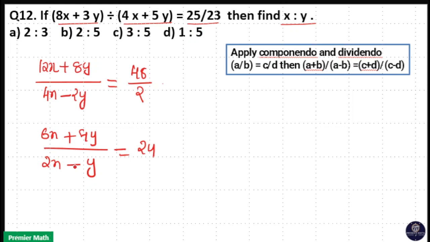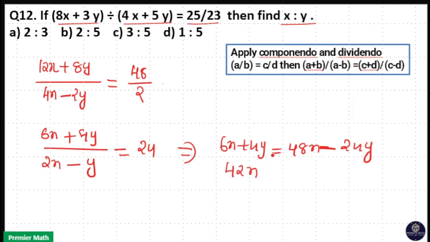So cross multiply, which means 6x plus 4y is equal to 48x minus 24y. That means 48x minus 6x is equal to 42x, and 4y plus 24y is equal to 28y.